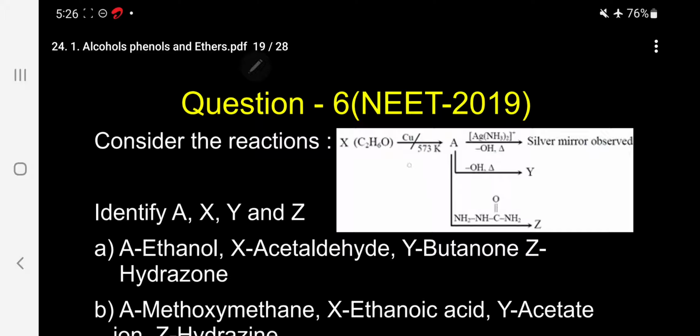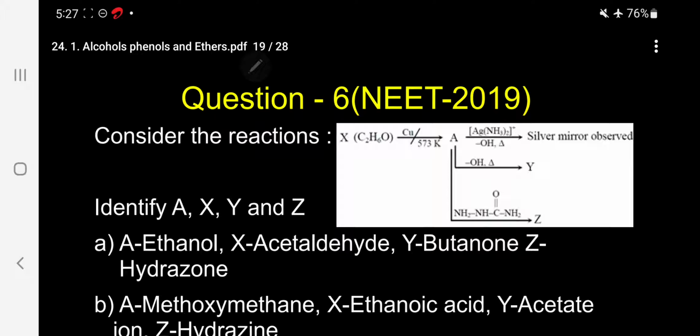On treatment with copper at 573 Kelvin, it produces A. A on treatment with Tollens reagent gives a silver mirror. Then A, on further treatment with OH minus, gives Y. And A undergoes a condensation reaction with semicarbazide, producing Z. We have to find out what A, X, Y, Z are.